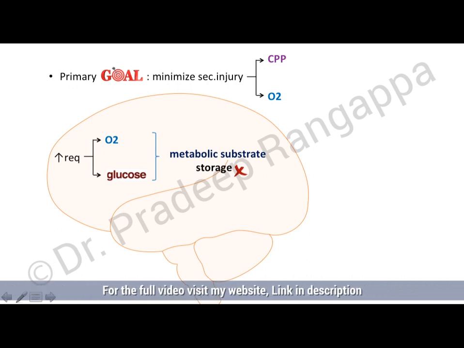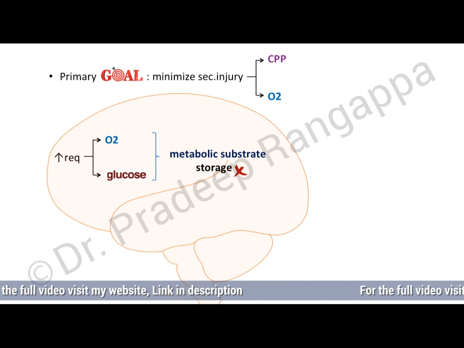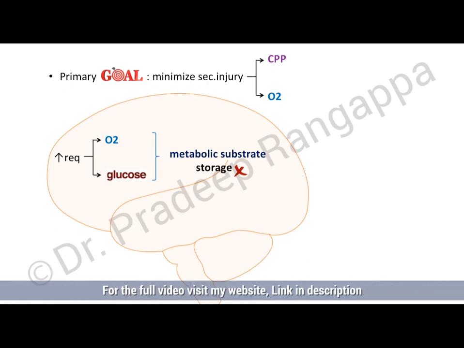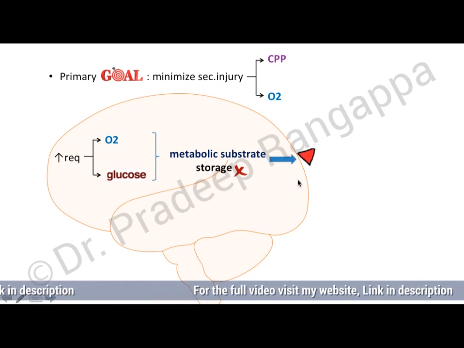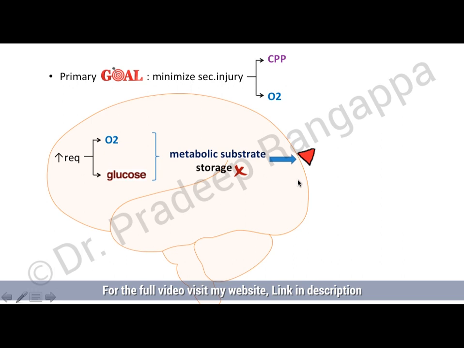So in the phase of depleting storage substrate, the demands for oxygen and glucose increase. There is a compromise in oxygen and glucose supply in the brain, and together with this it leads to ischemia of the brain. So this is the basic pathophysiology that tends to occur in traumatic brain injury.